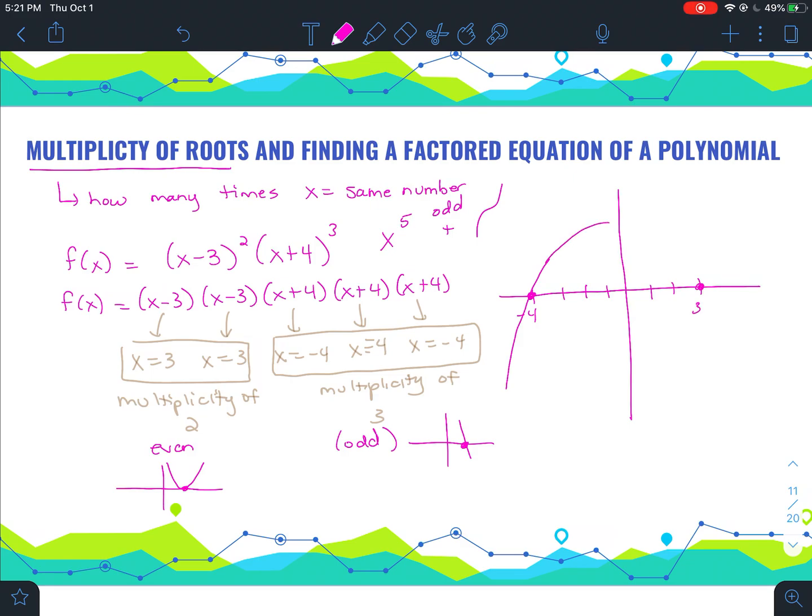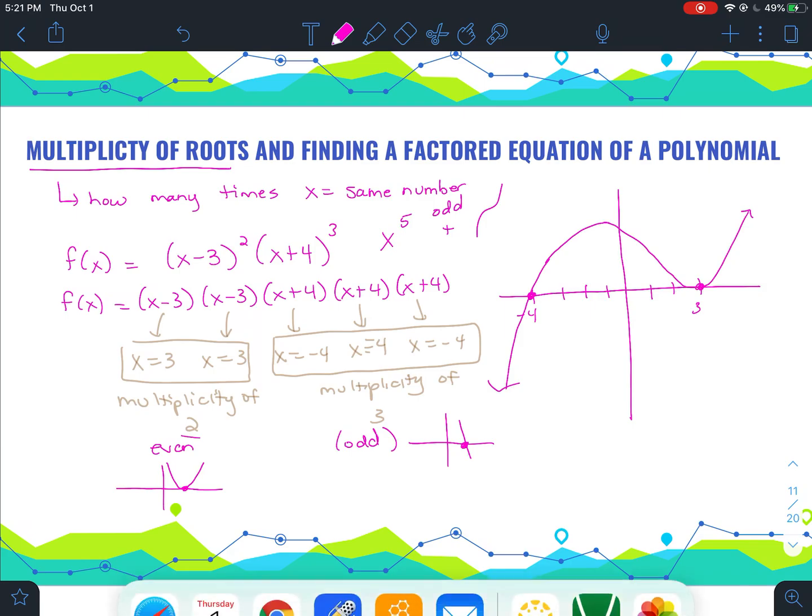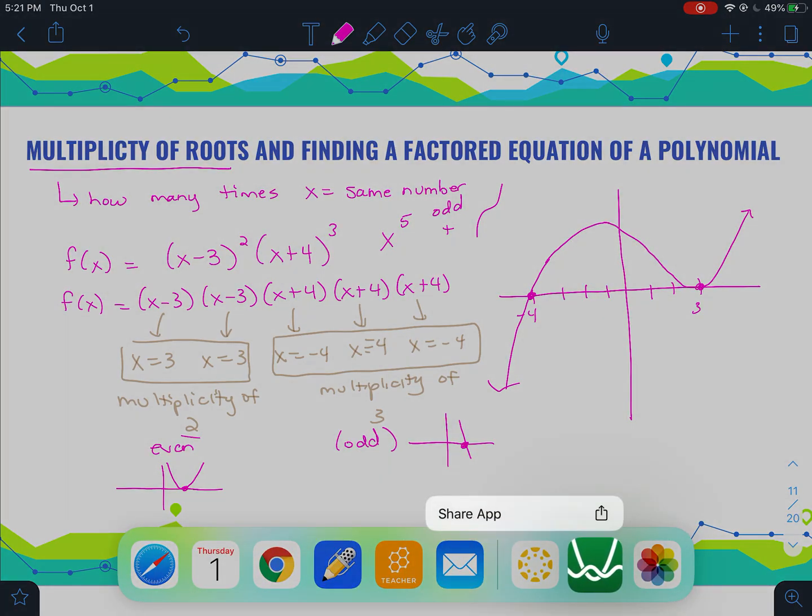And then notice when my x-intercept is 3, it's a multiplicity of 2. 3 happened twice. So instead of going through at 3, it's going to hit 3 and then not pass through the x-axis, but just kind of bounce off the x-axis at 3. So this is just a rough sketch of what that would look like.